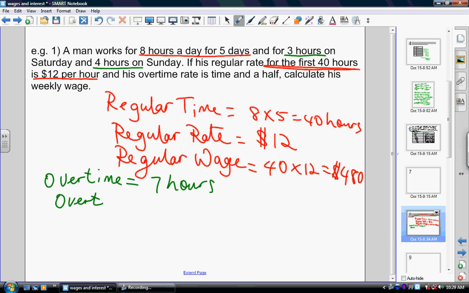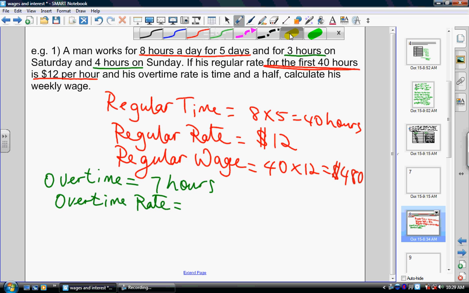You sure? Okay, let's take a look at that. His overtime rate. Let's read. What is his overtime rate? Read. Time and a half.